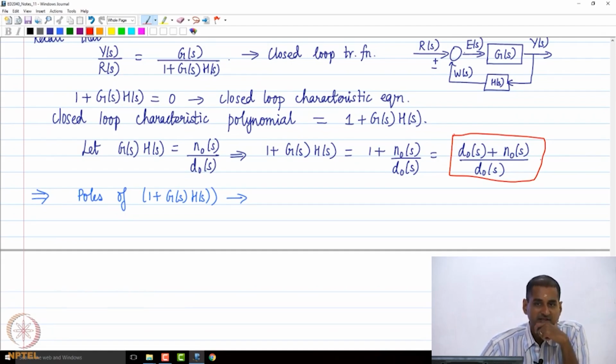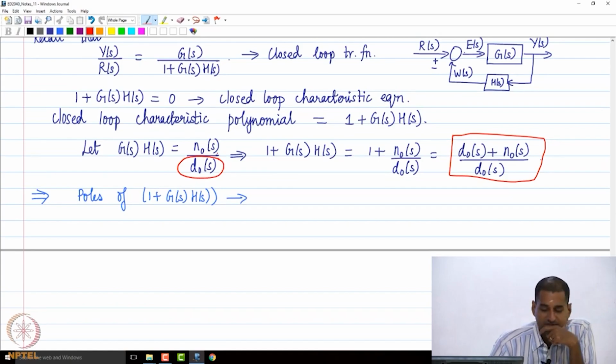DO of s. What are the roots of DO of s called? Poles of what? Open loop poles. Please remember that, because DO of s is the denominator polynomial of the open loop transfer function. So, immediately you see that the poles of 1 plus g of s h of s are the open loop poles.